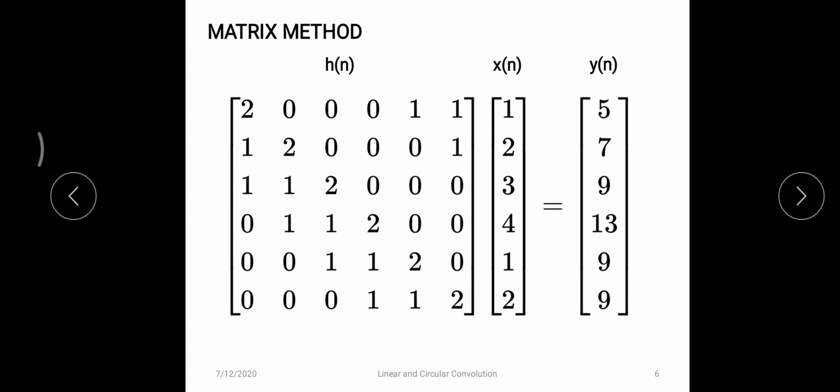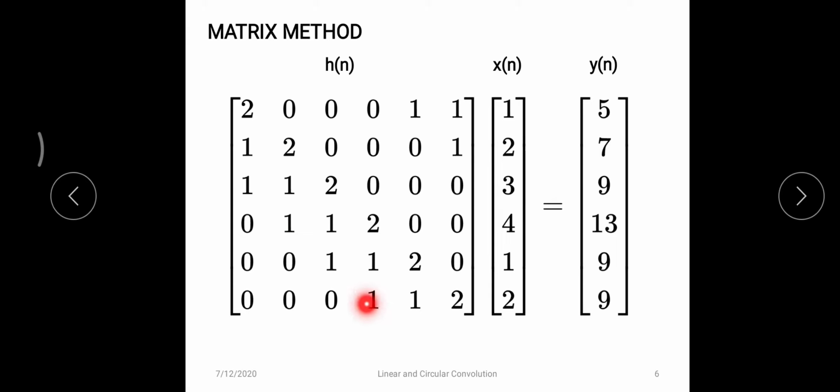Now the number of samples in h of n is 6, so I can write it in the form of a matrix. Students can go with either h of n convolved with x of n or x of n convolved with h of n. Both are the same. Here I considered h of n first and x of n second.